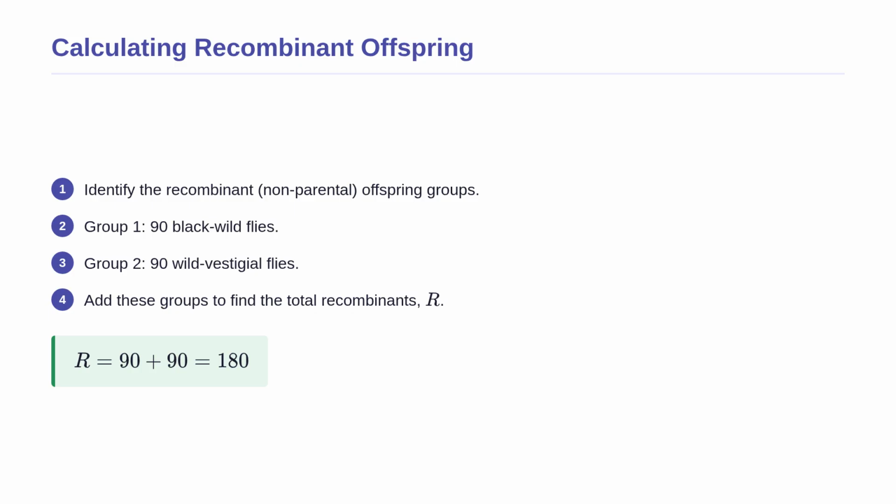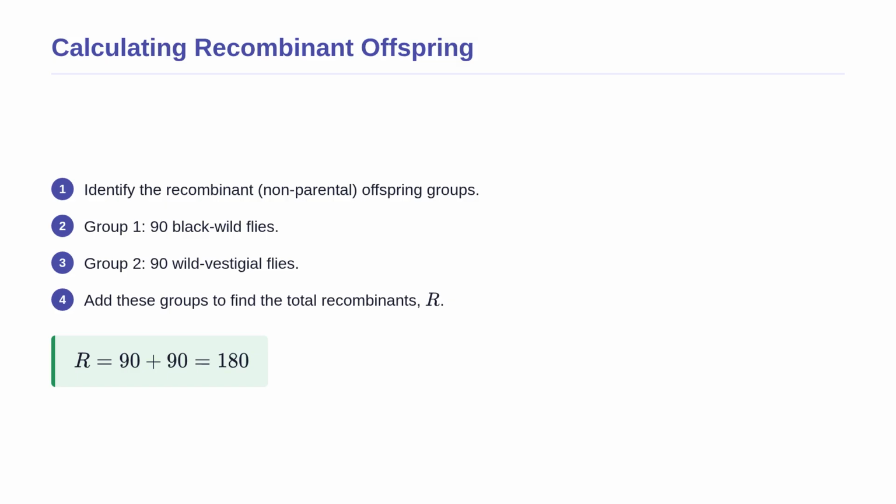Now that we have our data, we need to isolate the recombinants to use our formula. We first identify which offspring are the parental types and which are the recombinants. It is crucial to only include the non-parental phenotypes here, because these are the ones that crossed over.